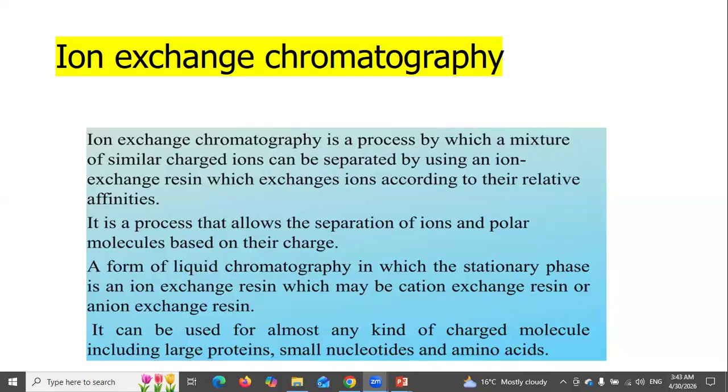A form of liquid chromatography in which the stationary phase is an ion exchange reagent, which may be a cation exchange reagent or anion exchange reagent. It can be used for almost any kind of charged molecules, including large proteins, small nucleotides, and amino acids.